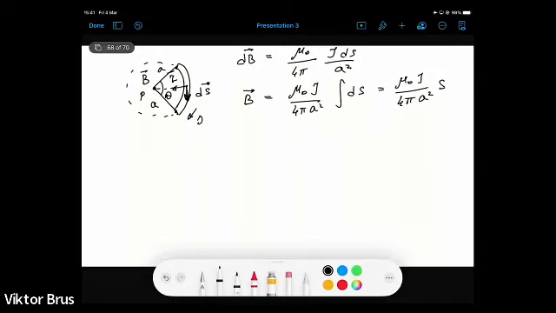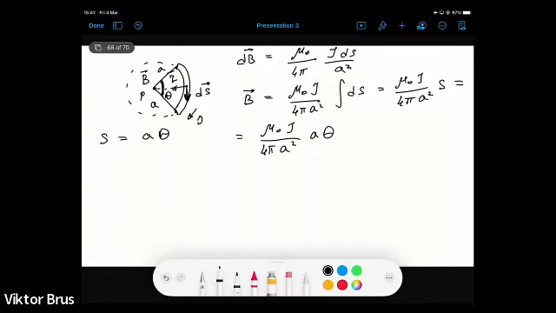If we know the radius and this angle theta in radians, we can write that the length of the conductor is equal to the radius times theta. So we can continue here. It will be mu naught times I over 4 pi a squared, times a times theta.